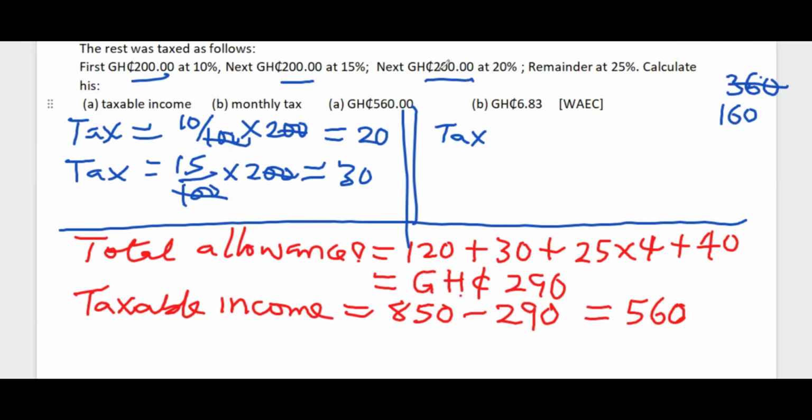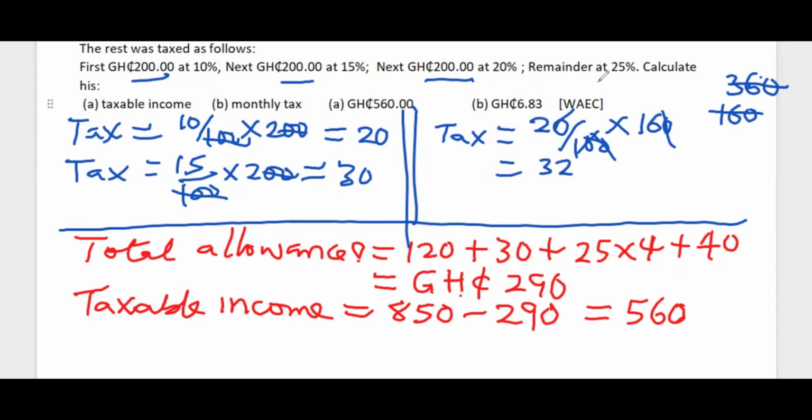It's going to be 20% of 160. That means we don't have anything left to move over to the last income bracket. So 20% of 160, the zeros cancel, we have 2 times 16, that will give us 32.